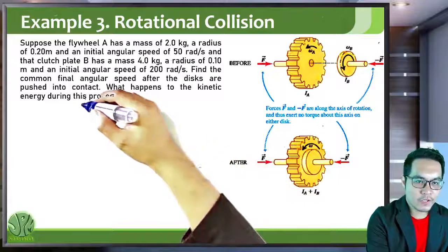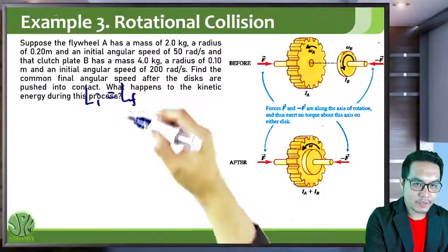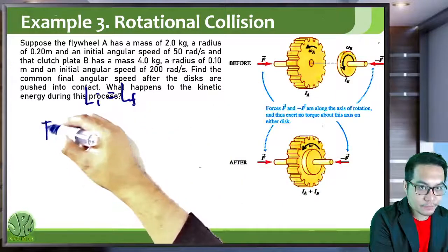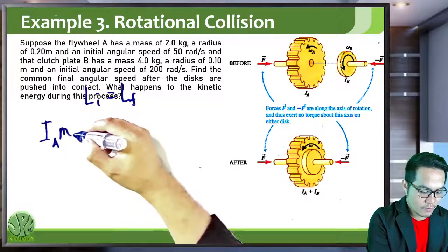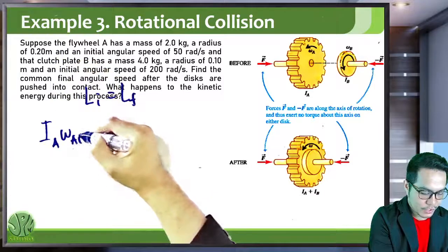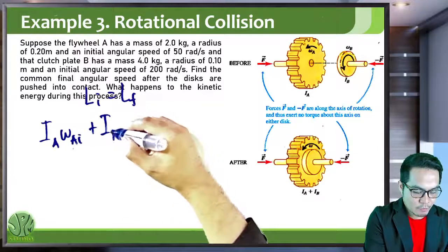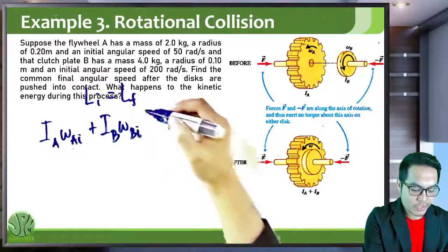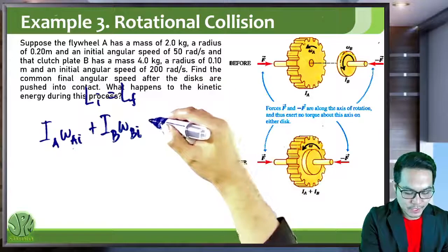For conservation of momentum, the initial momentum is equal to the final momentum. The initial momentum of A is the moment of inertia of A times the initial angular velocity of A, plus the initial momentum of B, the moment of inertia of B times the initial angular velocity of B, which is also given. It's 200 radians per second.